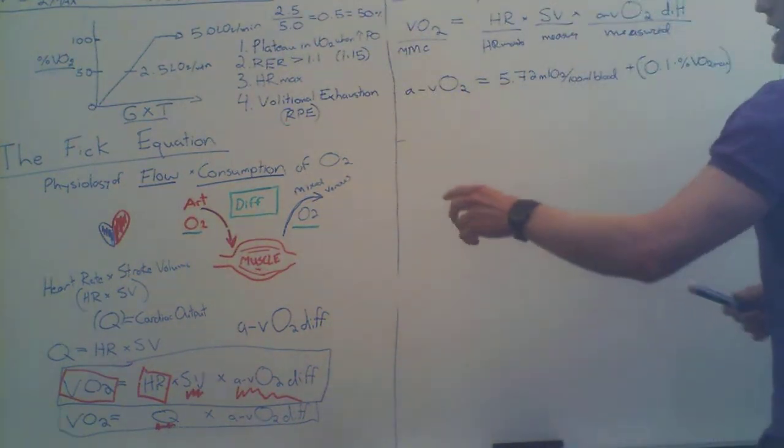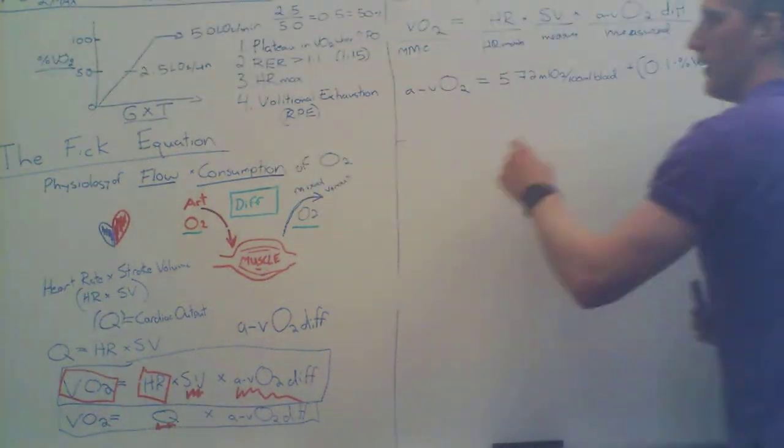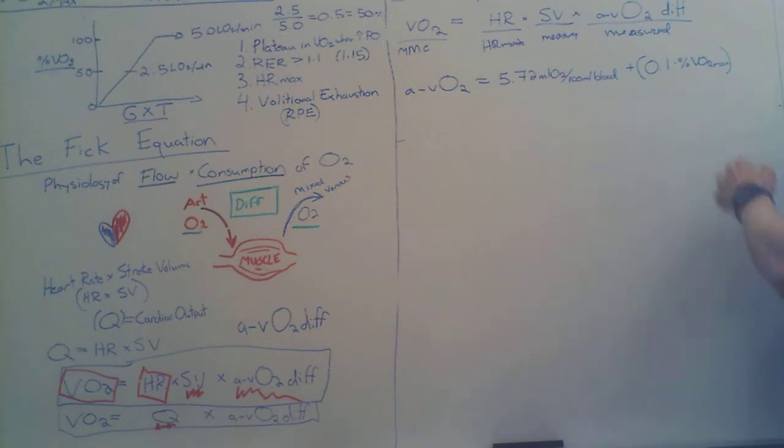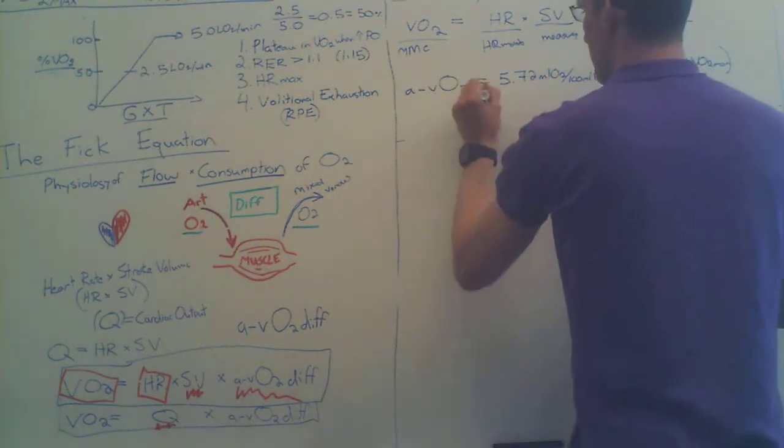So if we're going to use that point of the test with the Stringer method, this number would be 100%. So let's just do that now.